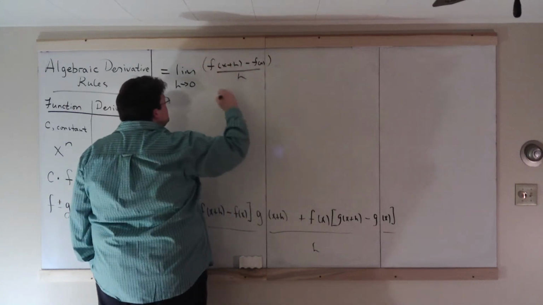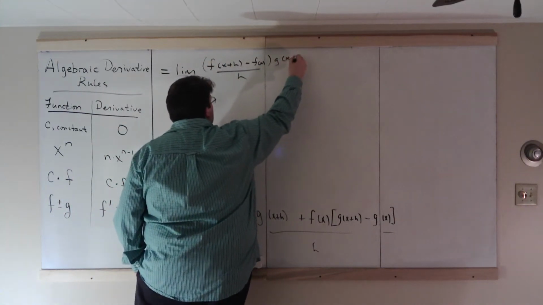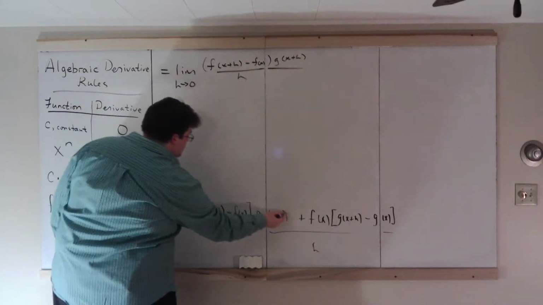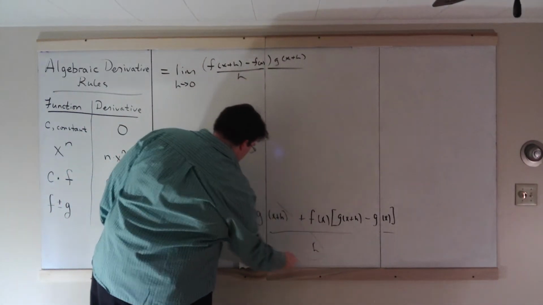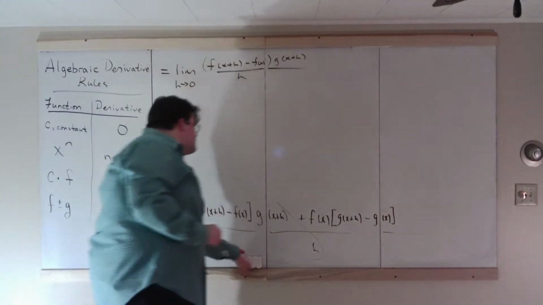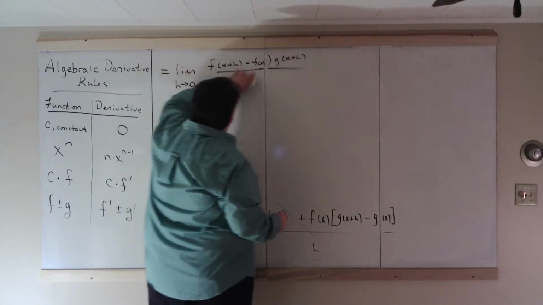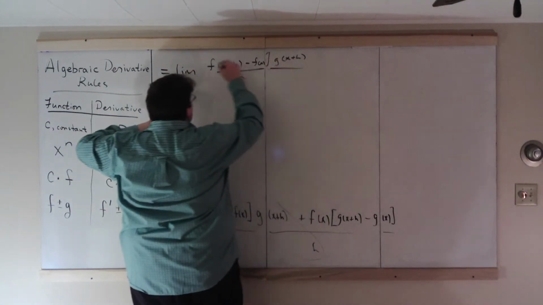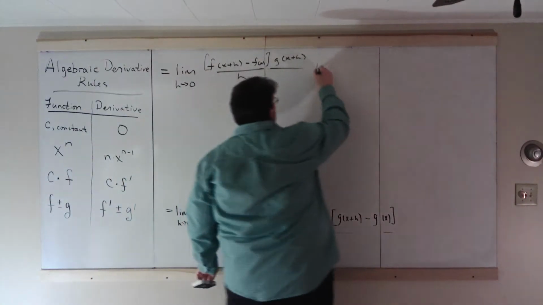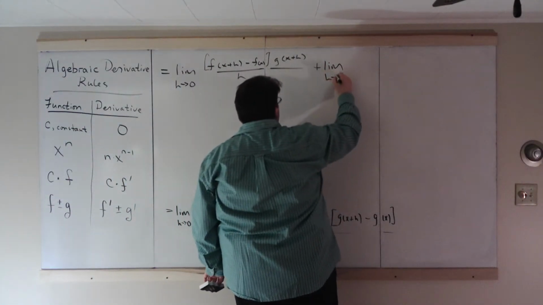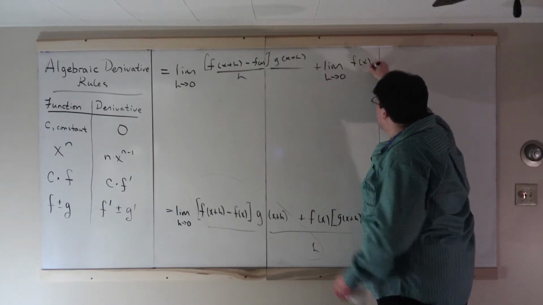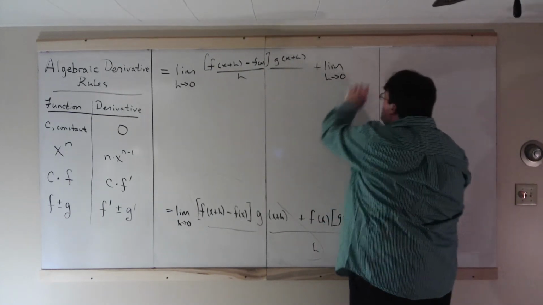The numerator is times g of x plus h. So we're splitting the fraction into these two pieces and the other one. So we have f of x plus h minus, maybe I'll put square brackets up there since that's what I have down here. So we have that term, and we're also going to split the limit as we did before. And what do we have here? We have f of x. I'm going to write that on the other side, and no, I'm going to write it there. That's how I wrote it before.